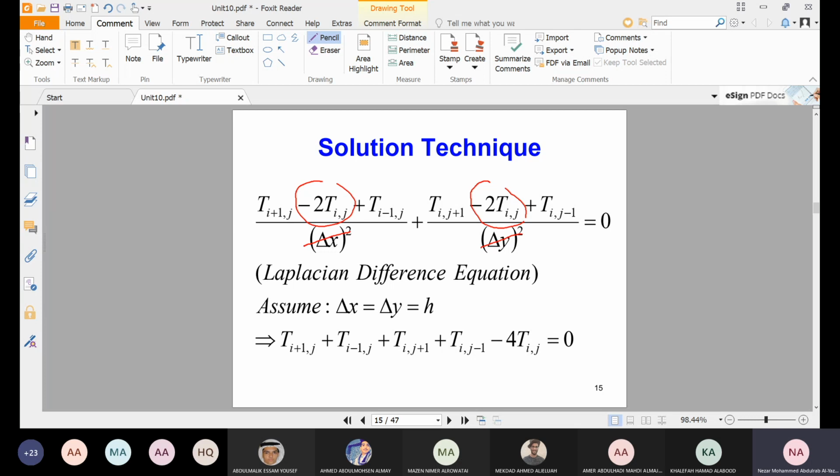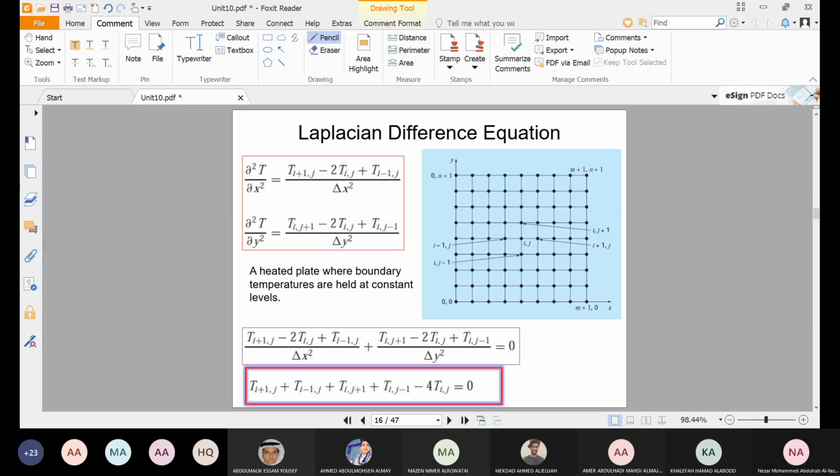So we have this algebraic equation in terms of the node that we want to compute the temperature on and four nodes around this node. So any heat plate, we can represent this plate by a grid, and this grid consists of different points inside, while the temperature at the boundaries should be given.